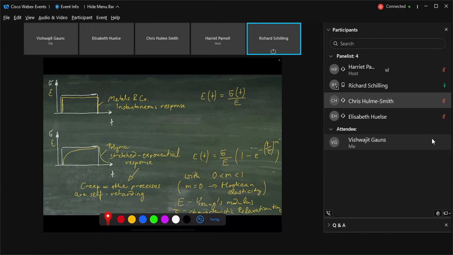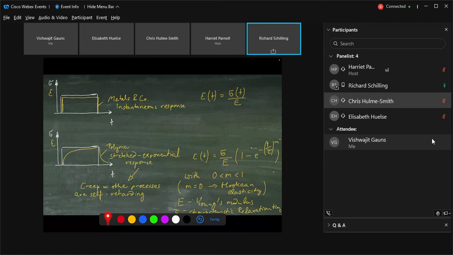And I'll just show you the difference between a metal or a Hookean behavior, which is instantaneous response. You put some stress, which is sigma, onto the material, and you have an immediate answer, a certain deformation, which will stay stable over time.